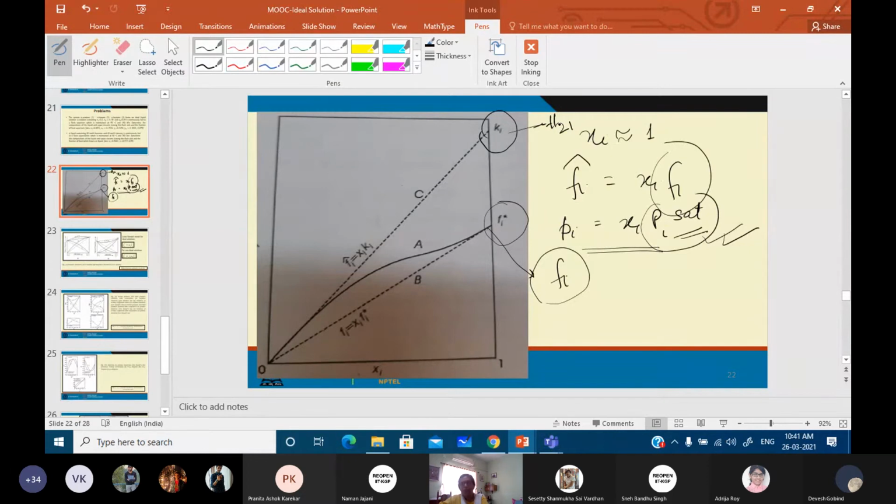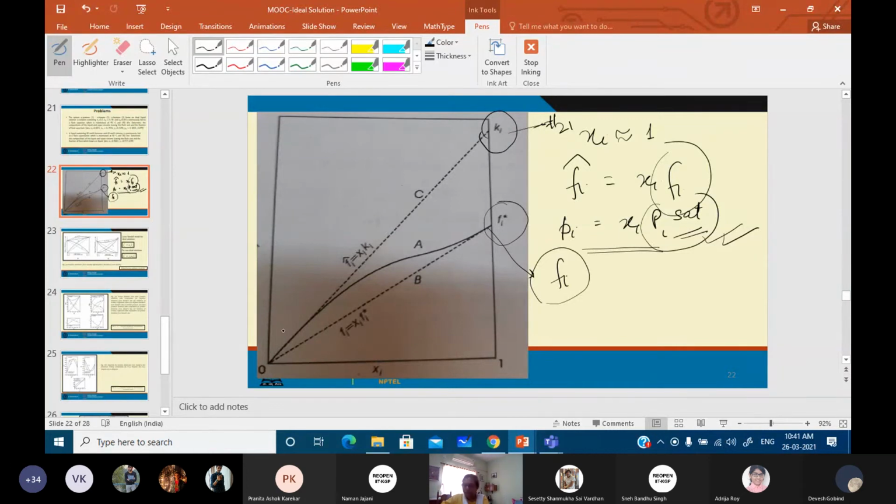Component 2 is the component which does not exist in the same phase as the solution. So I have a liquid solution. This particular Henry's constant corresponds to the component which is not in the liquid phase. It can be in the solid phase or in the gaseous phase. And therefore, this particular constant is a function of component 2 in component 1.